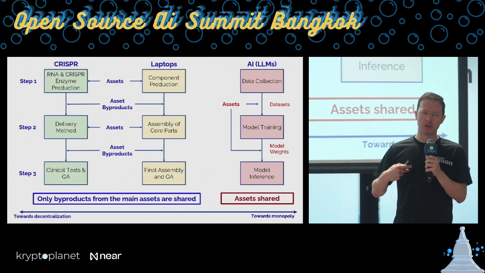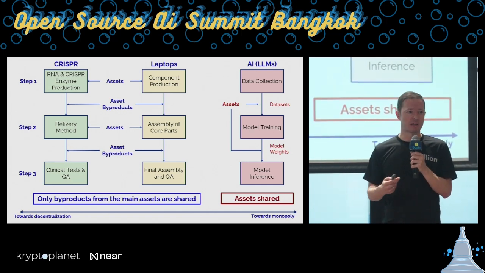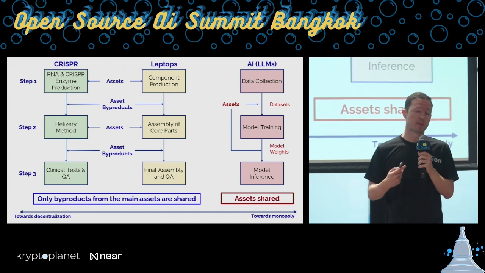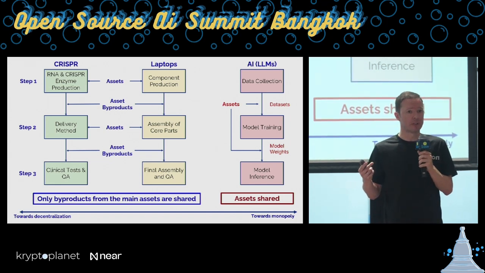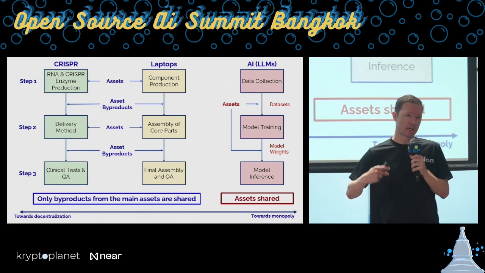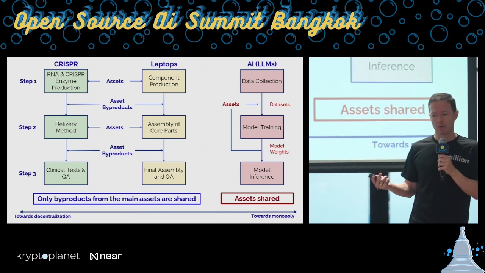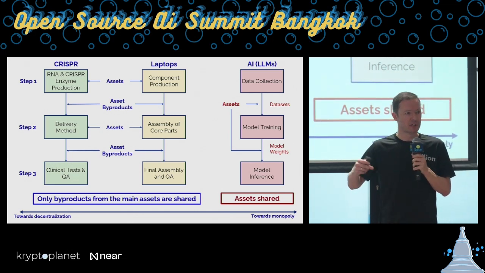My asset is not the DRAM chip. My asset is really the know-how, the factories that I have, the designs, the processes that I have implemented in that factory. And sure, there are attacks on that. There are reverse engineering attacks that people perform on the byproducts from my assets to try to get to my assets, but somehow the whole thing works because they're not always successful, and we have a healthy ecosystem.